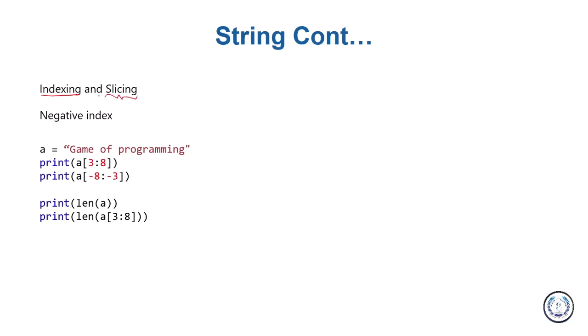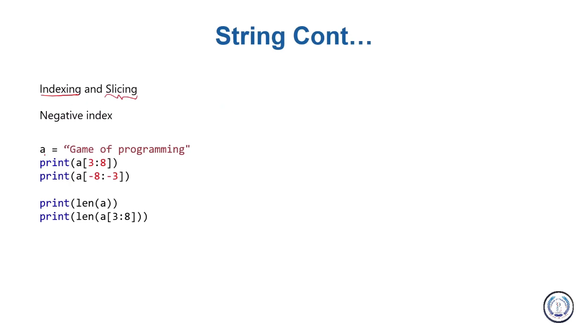These two terms are used interchangeably. We will see examples of slicing in detail in lists and in more detail in NumPy arrays. But here you can just think that indexing and slicing are the same thing.